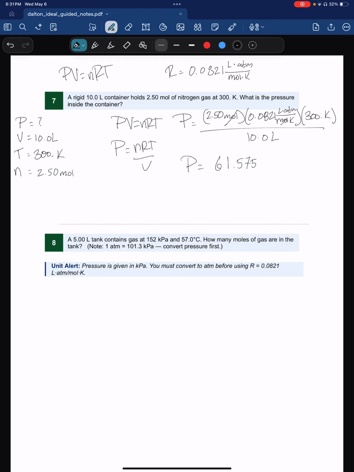Moles cancels with moles, Kelvin cancels with Kelvin, liters cancels with liters, and we're left with atmospheres. 3 sig figs, 3 sig figs, 3 sig figs, 3 sig figs. We need 3 sig figs in our answer. So my pressure is 61.6 atmospheres. Awesome. All right, let's go ahead and look at question 8.